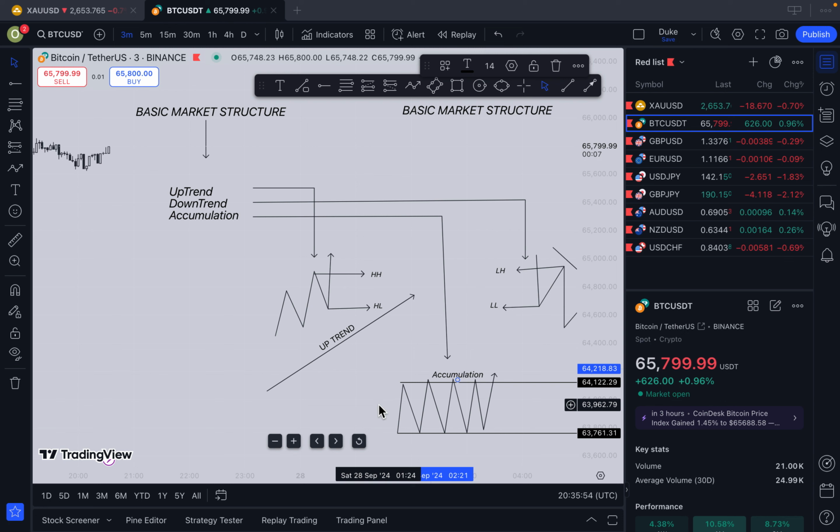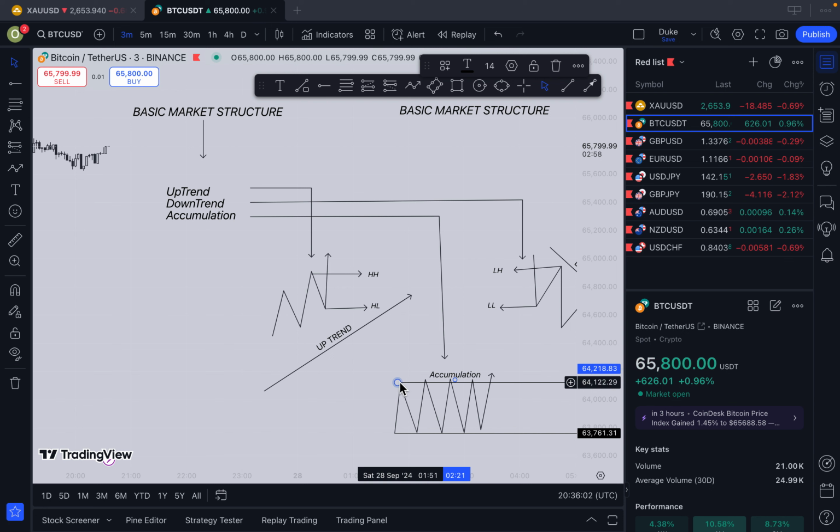The first thing you need to understand about accumulation is that whenever you see price going up to a high, then coming down to a low, let's say it broke out, then it comes down directly to this particular low, then goes up again and cannot break this high, know that this is the first sign of accumulation, the first sign of a ranging market.